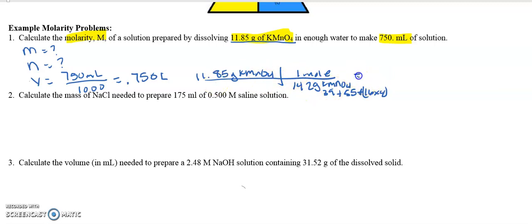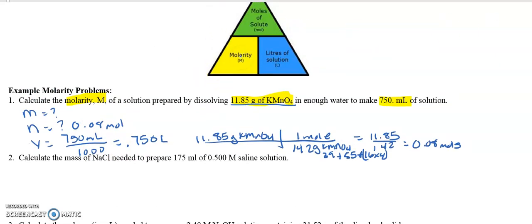So now I just have to divide 11.85 by 142, and I get an answer of 0.08 moles. So that's going to get plugged in here. Now I know my other two values. If I were to cover this up, I want to solve for molarity.